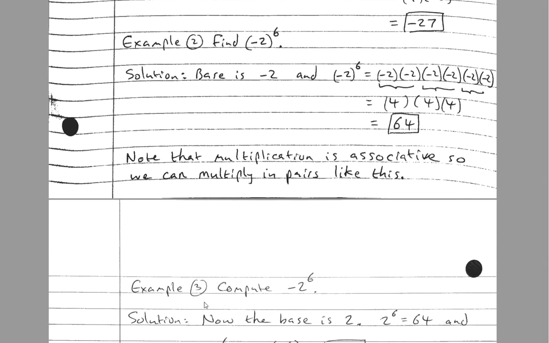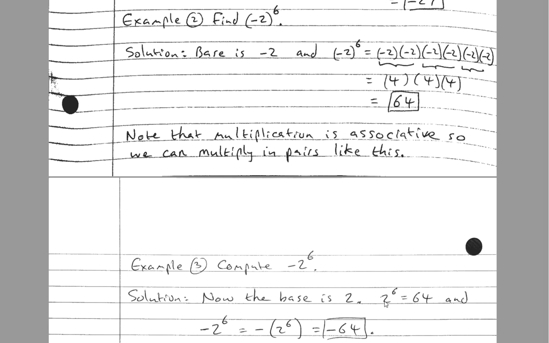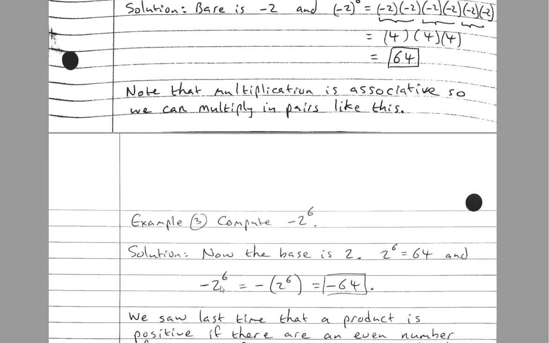And we can compare that with the next example, -2 to the power 6. It's better to read this as the opposite of 2 to the power 6, because now the base is 2. So 2 to the power 6, we'll do that first.